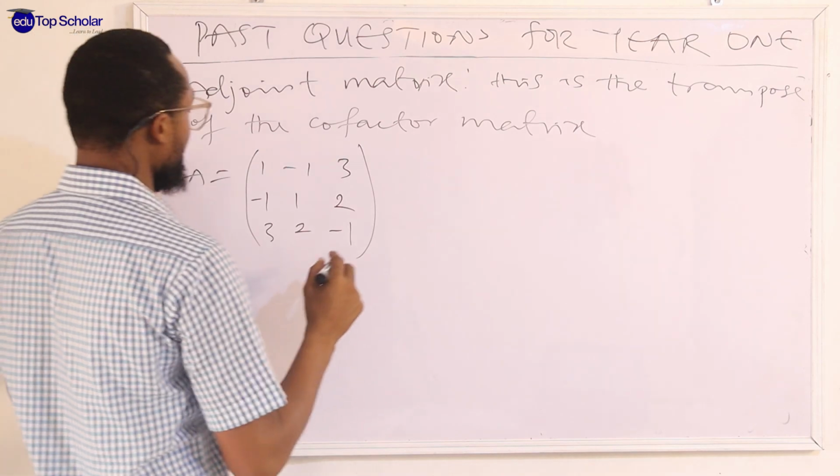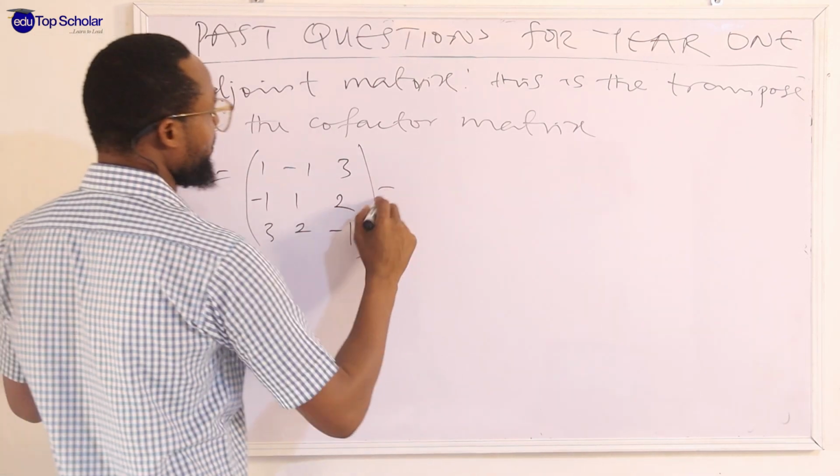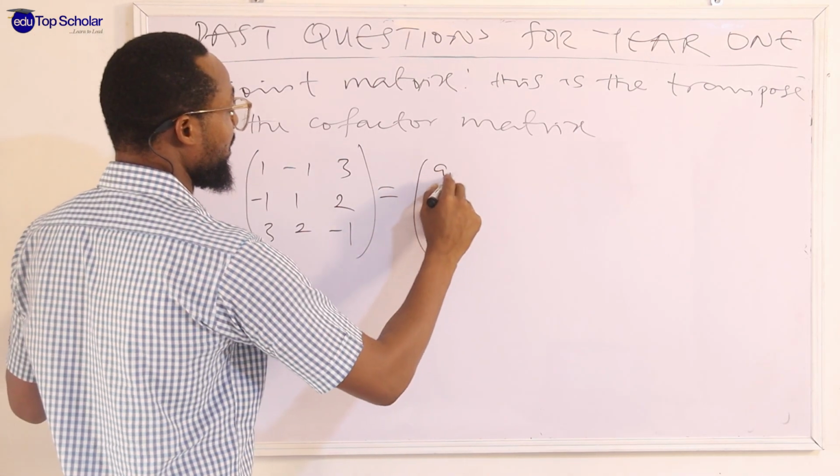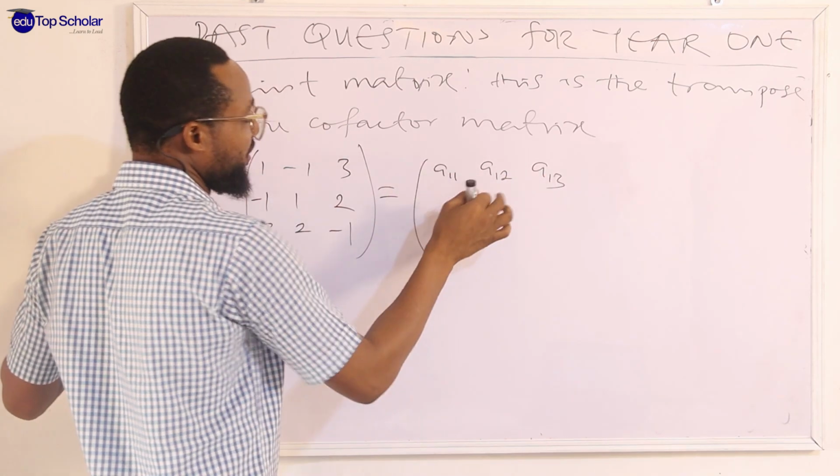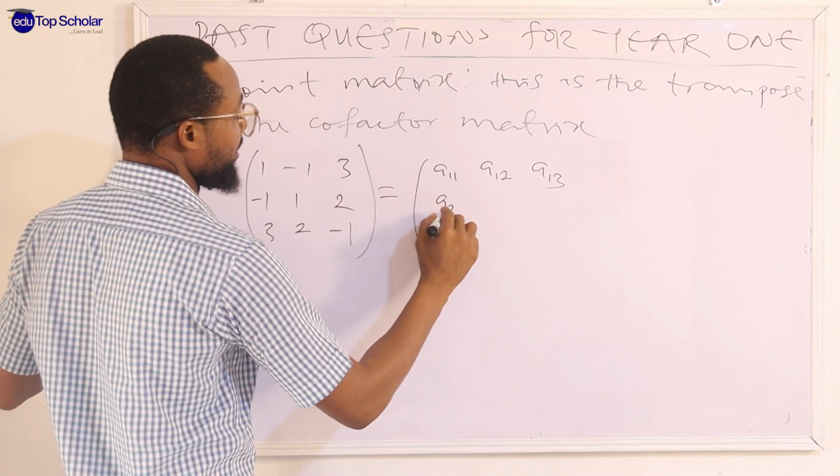So in order to compute adjoint, you have to first compute the cofactor. How do we compute the cofactor? We compare this with the general form, which tells us the position of each element of a matrix.